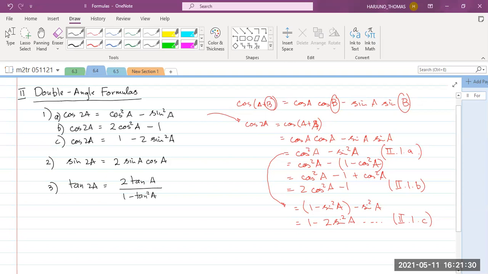Yeah, the proof is actually straightforward. Basically, for sine 2a, you look at sine a plus b, right? That's sine a cosine b plus cosine a sine b. But then you replace the b by a.